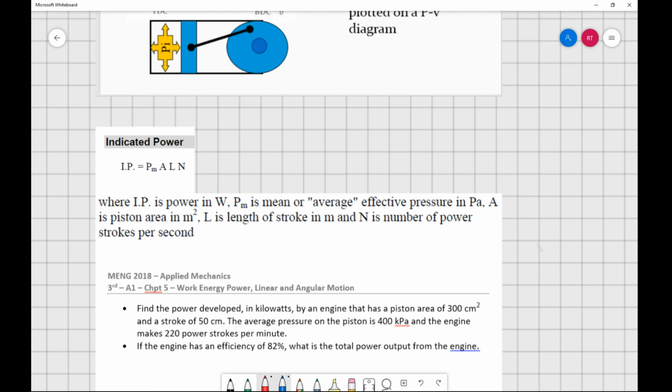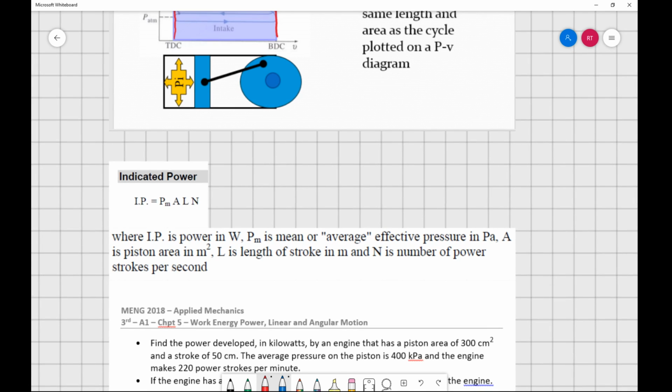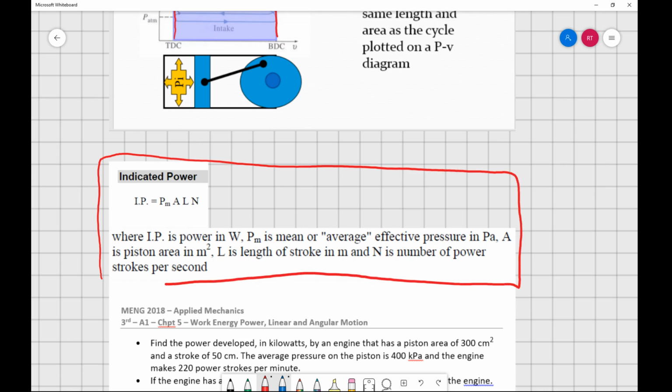Okay, so let's look. We have an equation that's available for this that's in your supplement. Okay, indicated power is P times A times L times N. So first of all, what we have is PM, which is that mean effective pressure.